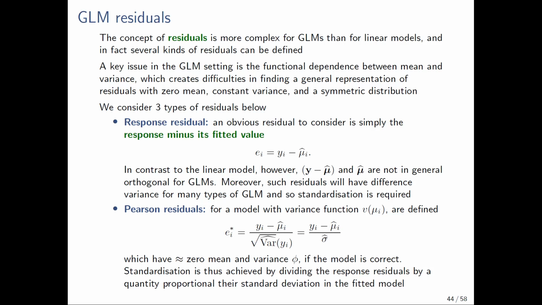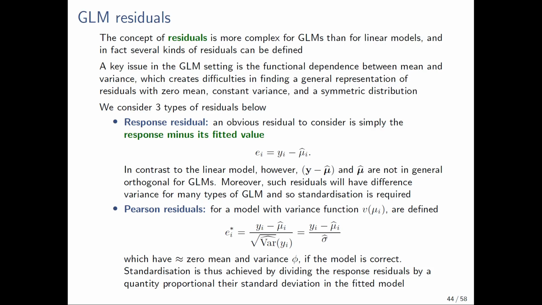Okay, the final inference topic I want to talk about is residuals in a GLM, which is much more complex for GLMs than it is for linear models, and in fact there are several kinds of residuals that we can define. Recall that when we defined the random component of a GLM, we didn't do so in terms of an error term.